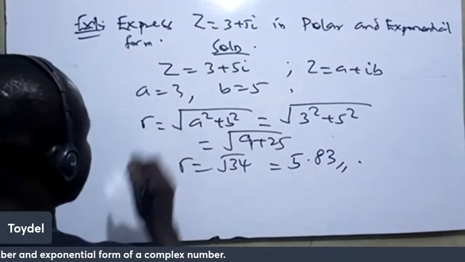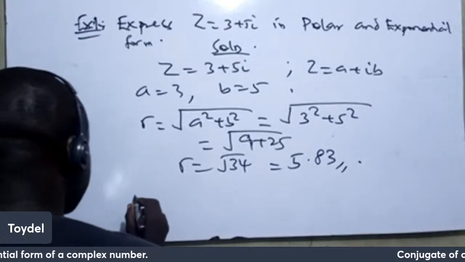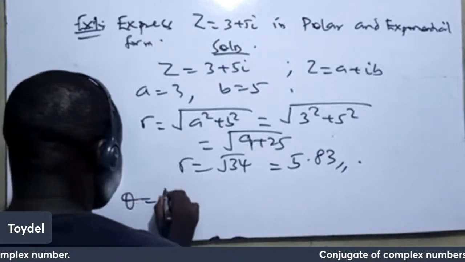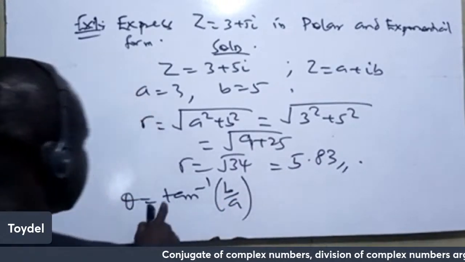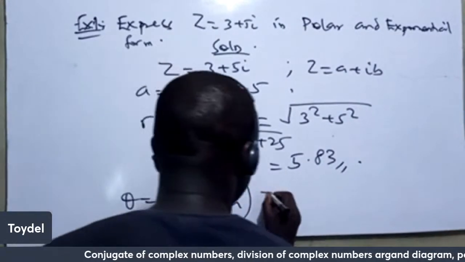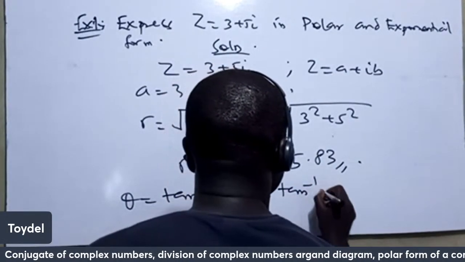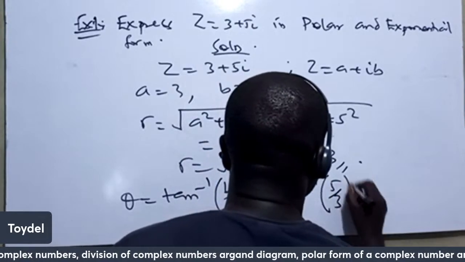Then we go ahead and find theta in degrees. So theta is the same thing as arctan b all over a. This is the argument. So in this case now, we are going to have arctan 5 all over 3.